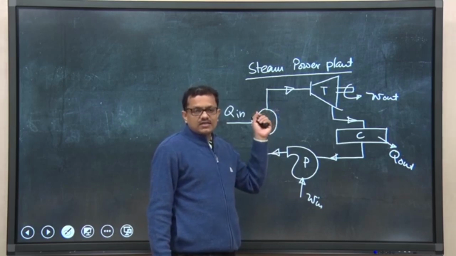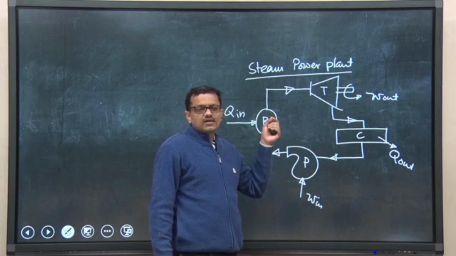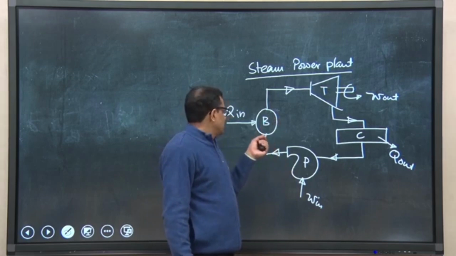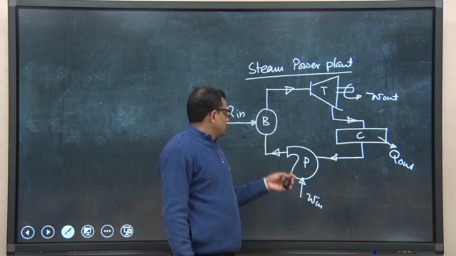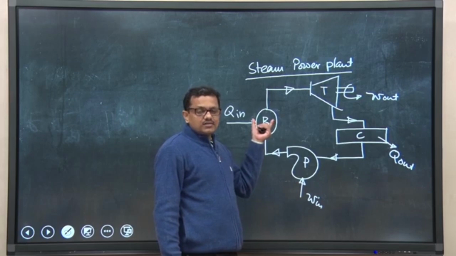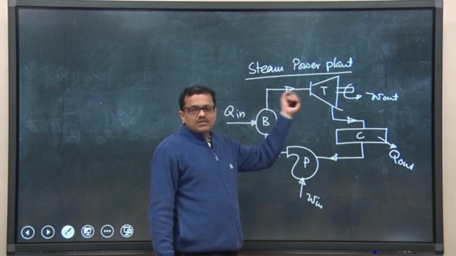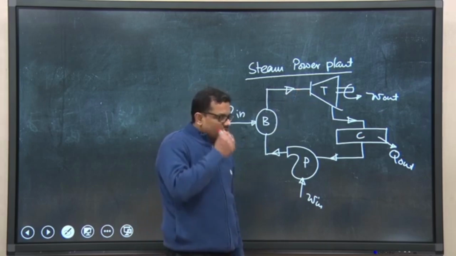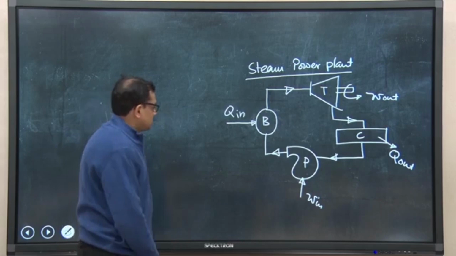Several cycles we have discussed, starting from the Carnot cycle, Rankine cycle, modifications of the Rankine cycle, and we have also discussed about binary cycle. Then we have discussed about the steam generator or boilers. Now, before going to discuss about steam turbine, today we shall discuss about the flow nozzles.